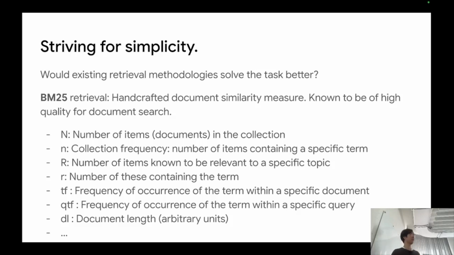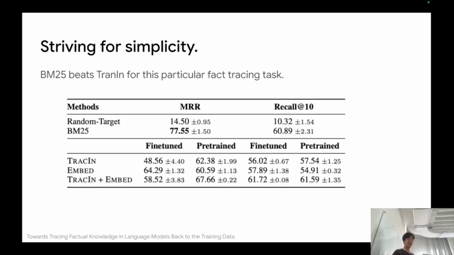For example, BM25 is a more classical way of doing retrieval in documents. I won't go into a lot of details. It's based on a lot of handcrafted features. And that turns out to give you pretty good results. Compared to TracIn, for example, BM25 is giving you pretty good retrieval performance.